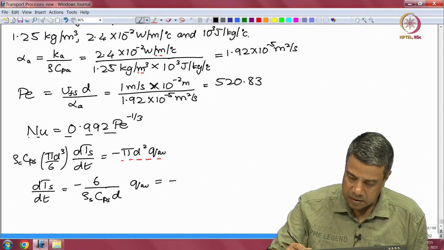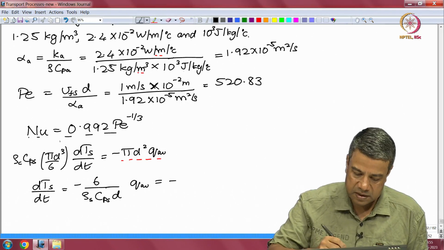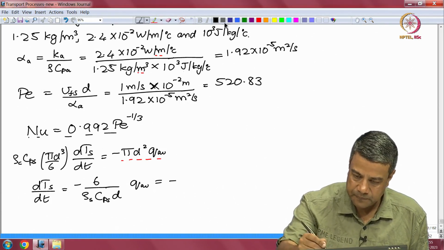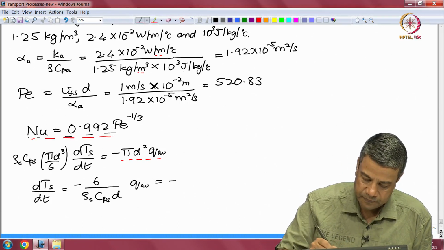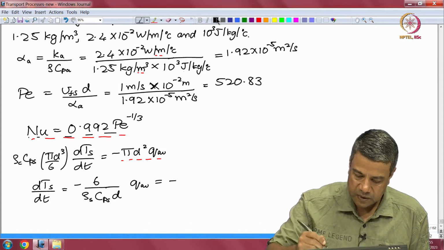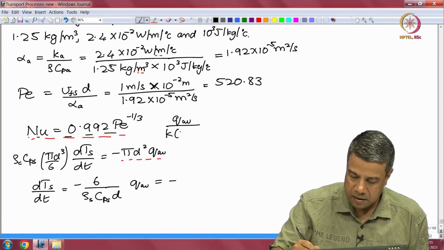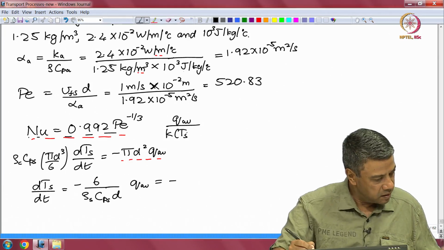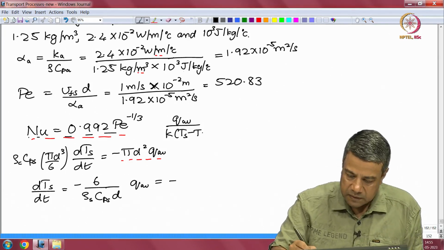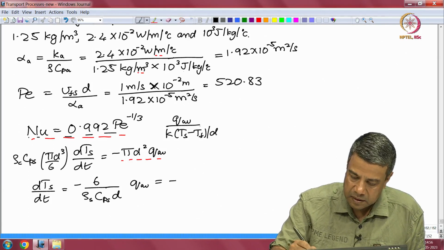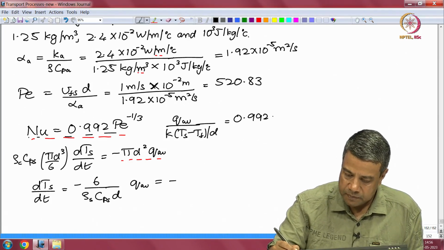The Nusselt number correlation, as I said, was Q average by K, Ts minus Tf, by d, is equal to 0.992 Pe power minus 1/3.